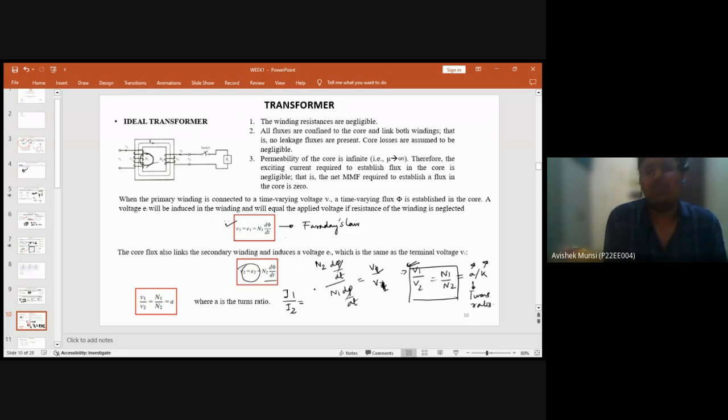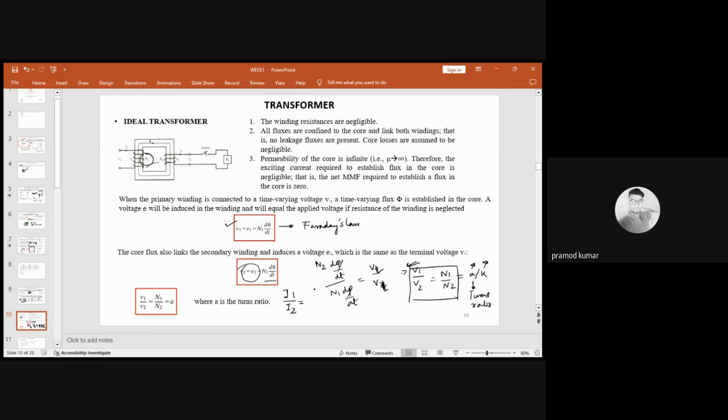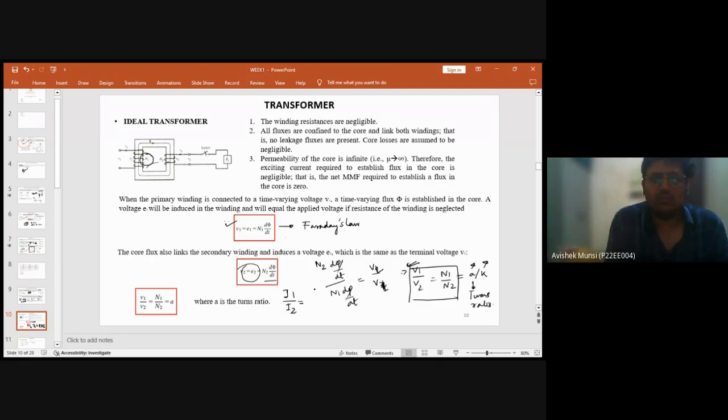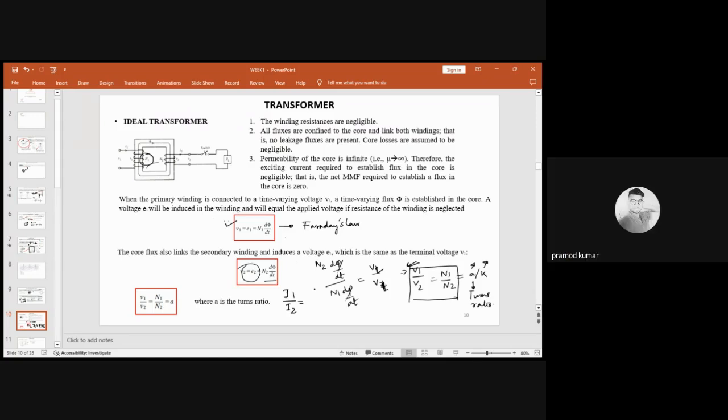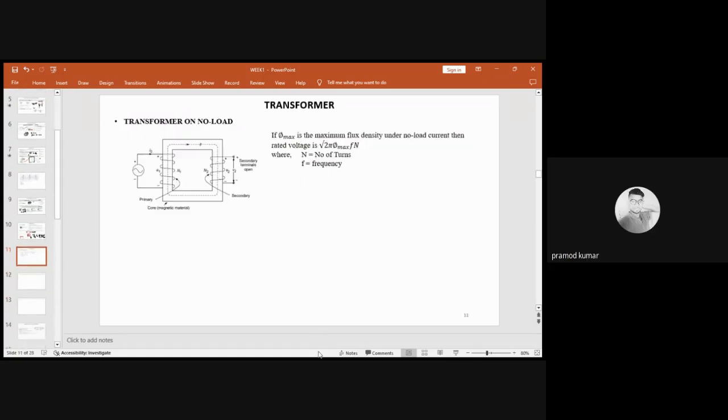If V1 by V2 is N1 by N2, then will I1 by I2 also be N1 by N2 or not? No, N2 by N1. Why? Can anyone explain it? Yes, due to MMF balancing, N1 I1 equals N2 I2.